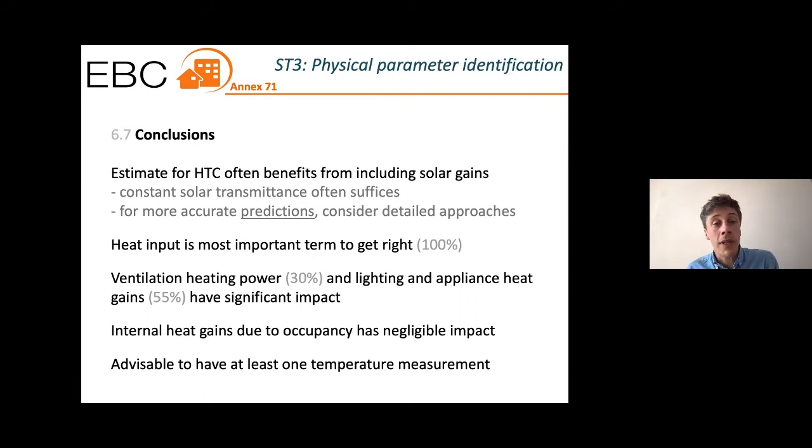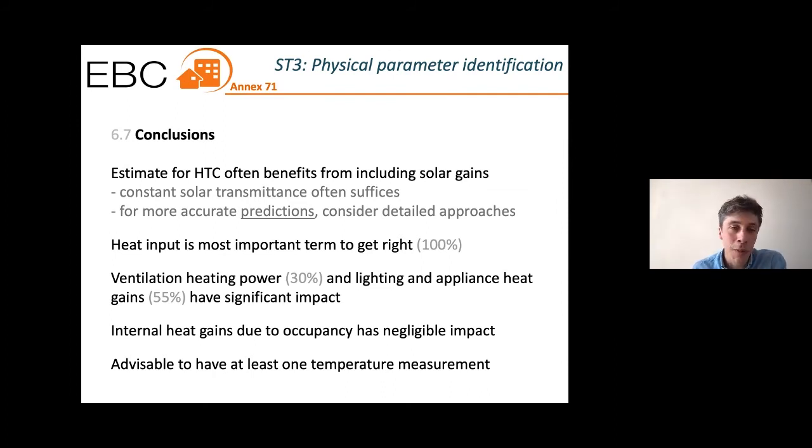But for more accurate predictions, if you want to use a model for doing prediction, we would advise to use the more detailed approaches. We obtained similar results for the heat transfer coefficient, but when we used the models to predict, the more complex models, including the spline-based approach to model solar gains, were performing better.